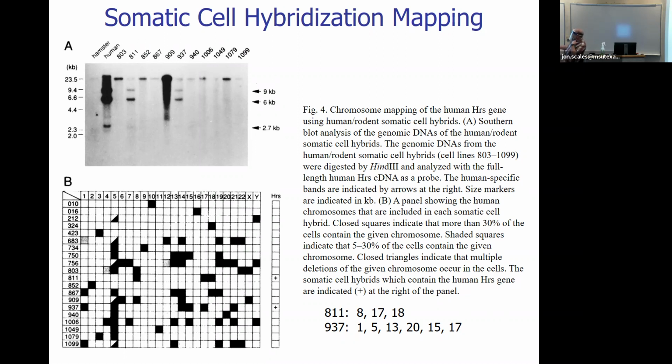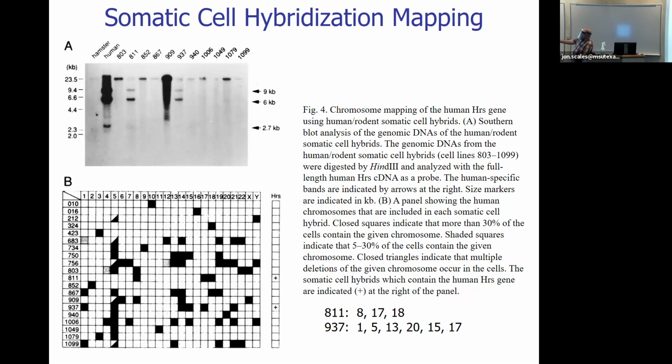So each one of these lines, like cell line 803, has these different chromosomes in it. It has 4 and 5 and so on, right? So wherever there's a black thin box or gray box or partial box, it has part of that chromosome, okay?